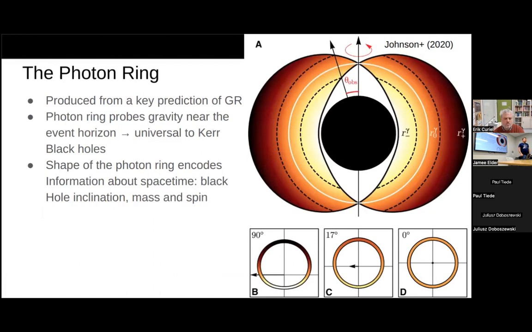That's a good question. I think people like Prashant probably have a better understanding of this than me, but I would expect that what is going to be more important is the mass ratio. If they're similar in mass, then you're going to start to see some modification of the photon ring.